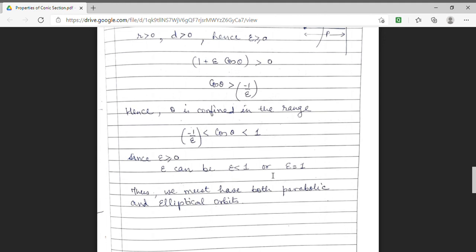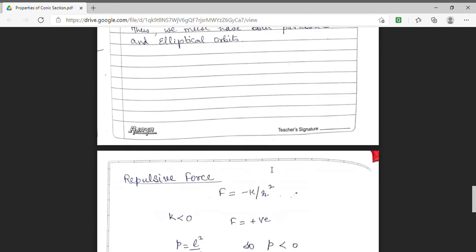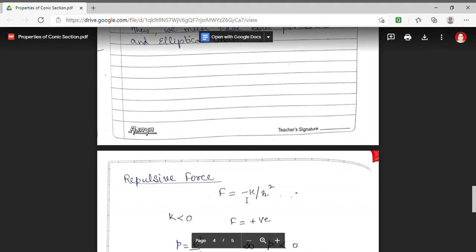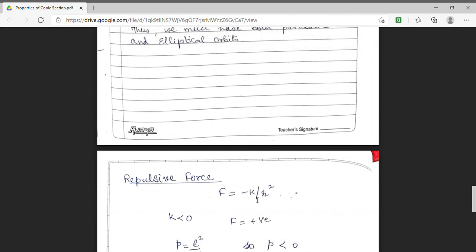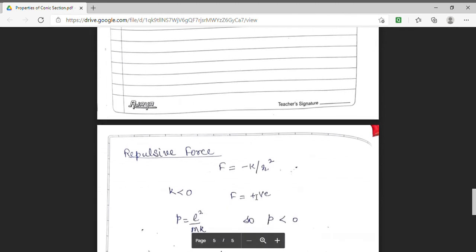Now, we are taking the case in which we have repulsive force. Since we know that force is minus k by r square and the repulsive force is always positive, this F will be positive only when k is negative.